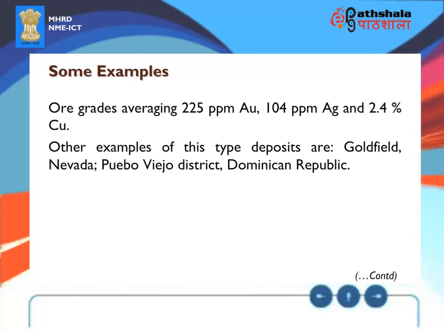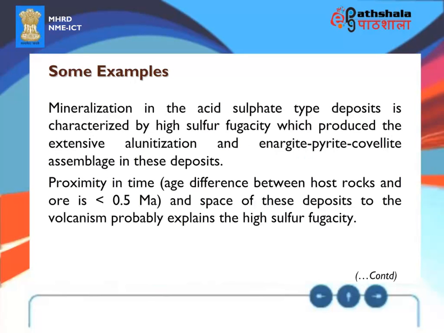Other examples of this type of deposit are Goldfield, Nevada, and Pueblo Viejo District, Dominican Republic. Mineralization in the acid sulfate type deposits is characterized by high sulfur fugacity, which produces the extensive alunitization and enargite pyrite covellite assemblage in these deposits.